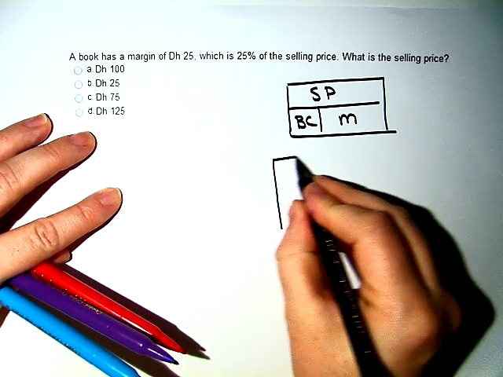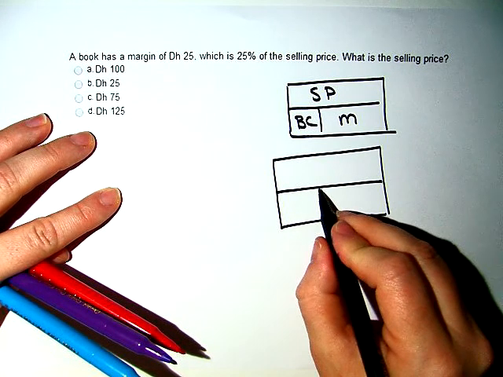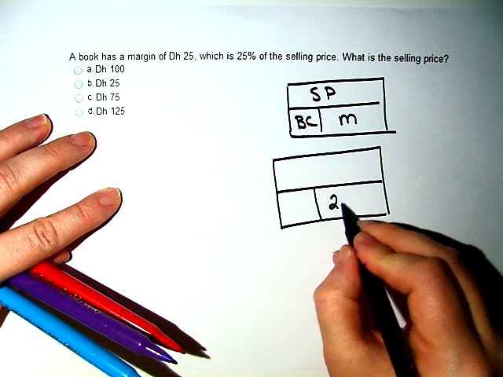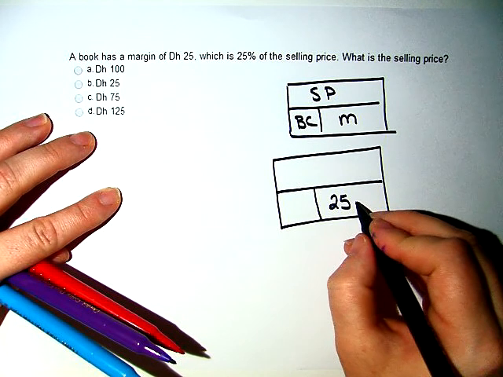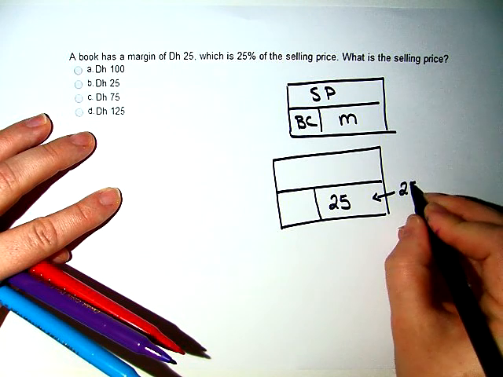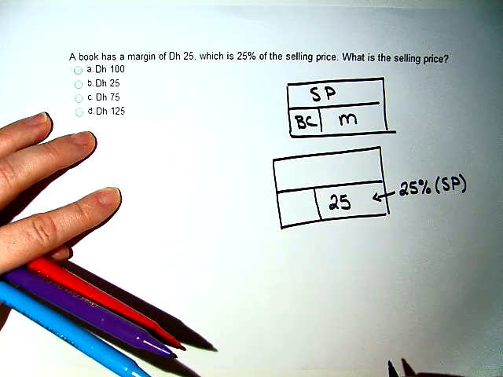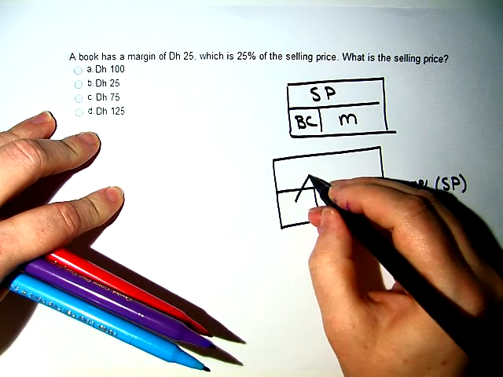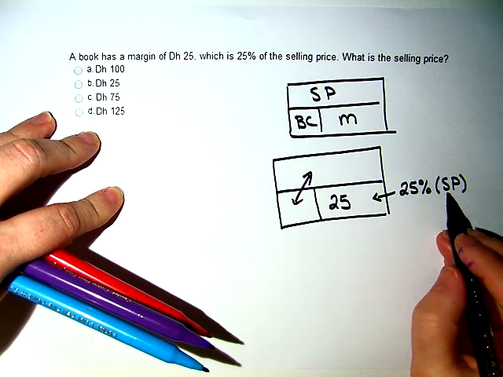So if we were to fill in what we know, a book has a margin of 25 dirhams, which is 25% of the selling price. Well, we actually don't need to know these two. They're not important. We know that this is that.